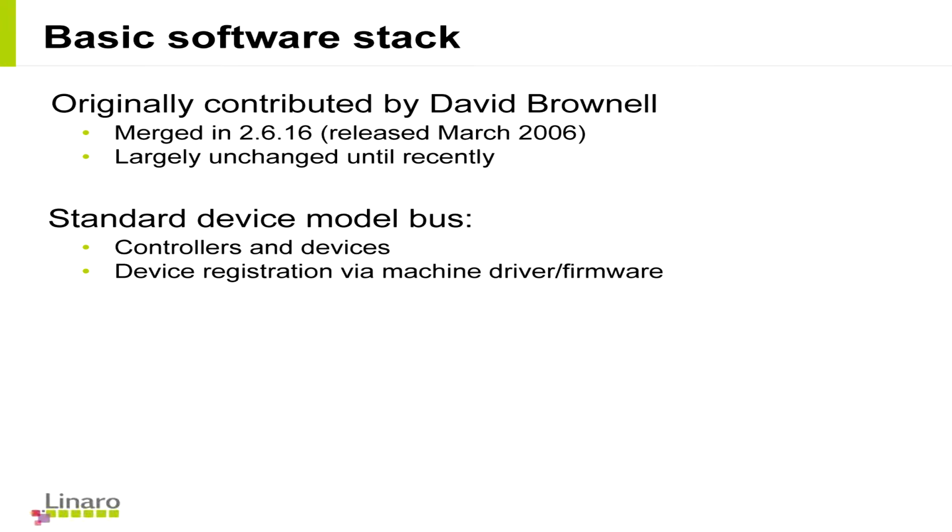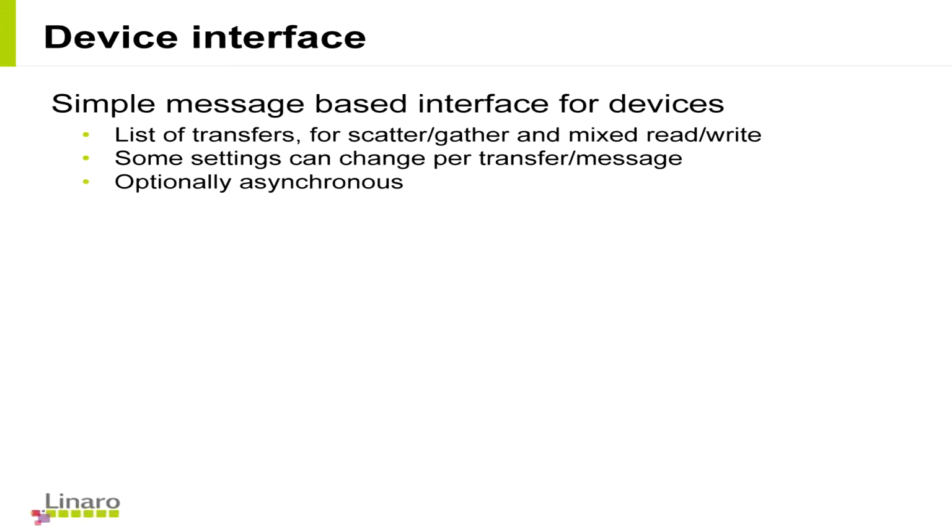The big picture has been basically unchanged since SPI was originally contributed in 2006 by David Brownell. It's a very, very standard, perfectly normal Linux bus. The interface offered to devices is fairly straightforward.